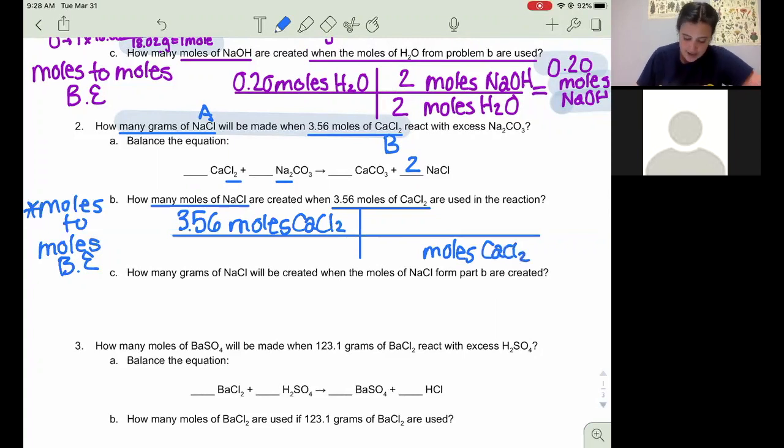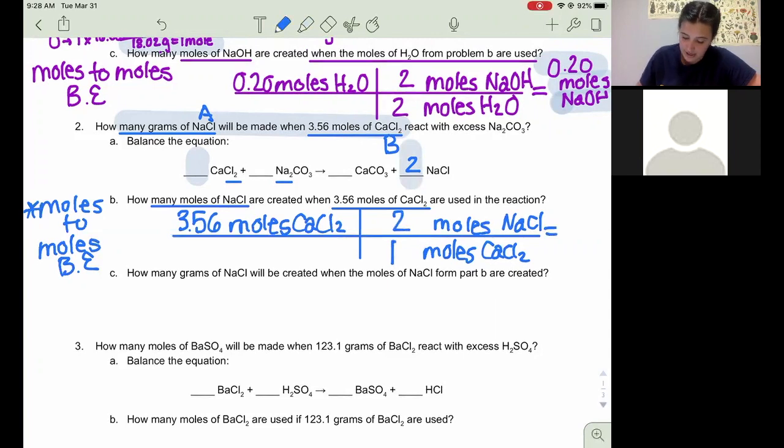And I'm trying to go to 2 moles of sodium chloride, so that's what goes on top. Then I'm going to look up at my balanced equation. There's no coefficient on calcium chloride and there's a 2 for sodium chloride. When there's no coefficient, it means we only have 1 of them. And then we have 2 moles of sodium chloride.